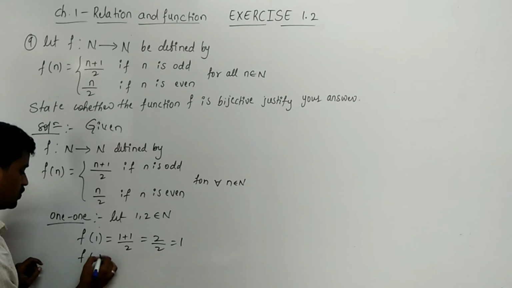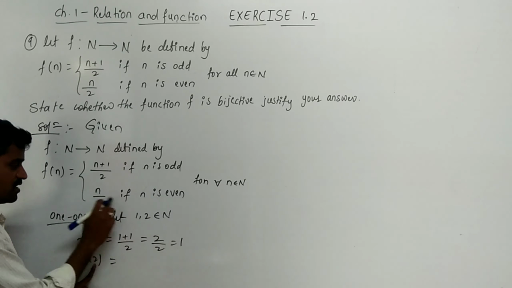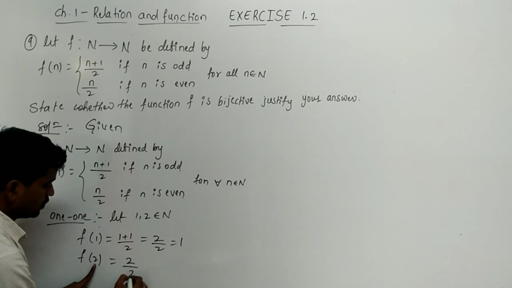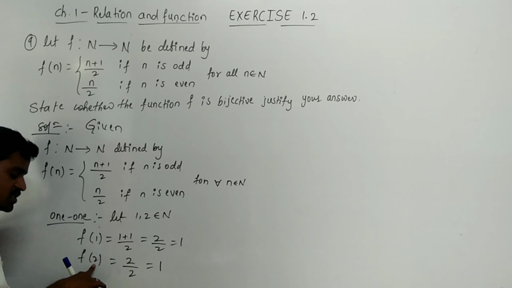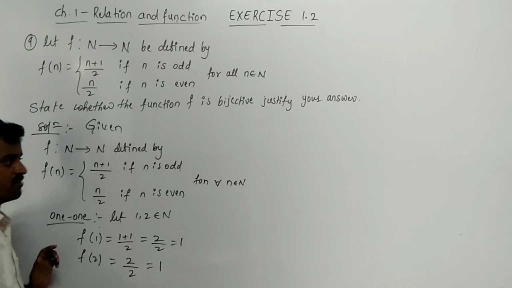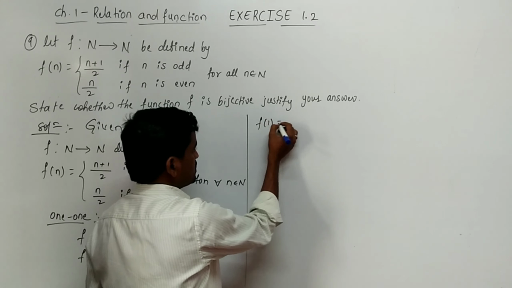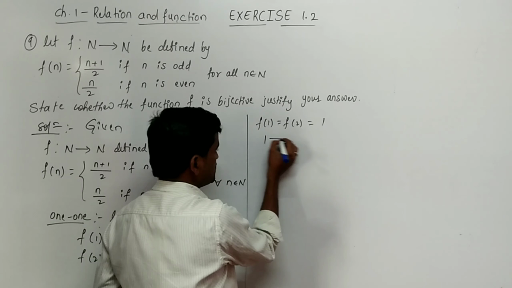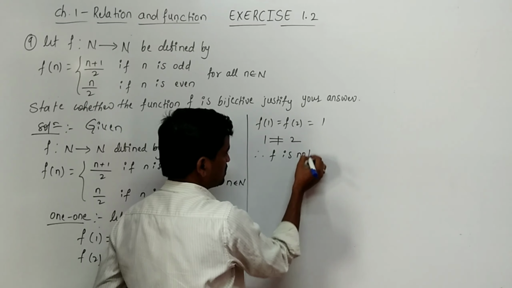F of 2: 2 is even, so substitute; when n is even, the function is n by 2, so 2 by 2 is equal to 1. F of x1 is 1, f of x2 is 2, x1 is not equal to x2. Therefore, f of 1 is equal to f of 2 is equal to 1, but 1 is not equal to 2. Therefore, f is not 1-1.